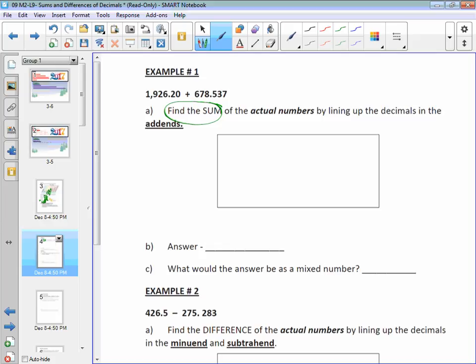The way I kind of like to do it visually, just easier for me, is the one that has more digits goes on top. So it happens to be laid out perfectly as is right now with more digits. Well, they're actually equal in digits. But I have to line up my decimals.